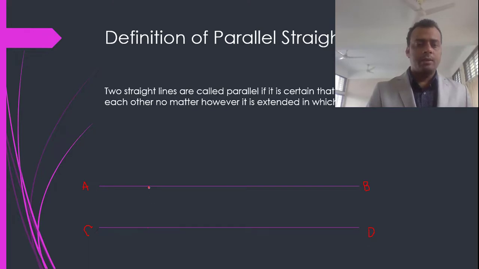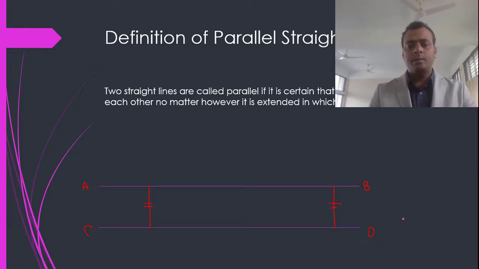If you measure a distance here and if you measure another distance here, perpendicular distance, these two distances will be equal. So you can say these two lines AB and CD are parallel.